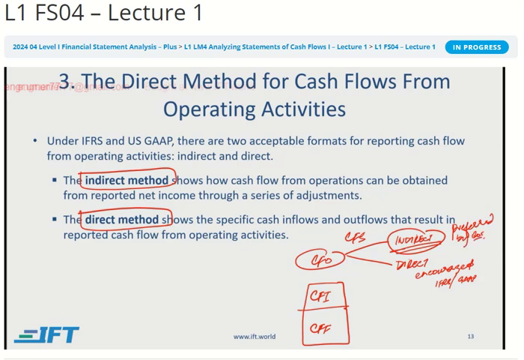And the reason is, when you see how you can make your cash flow from operating activities using both these methods, you are most likely going to like the indirect method instead of the direct method. Now, what is the difference between these two?